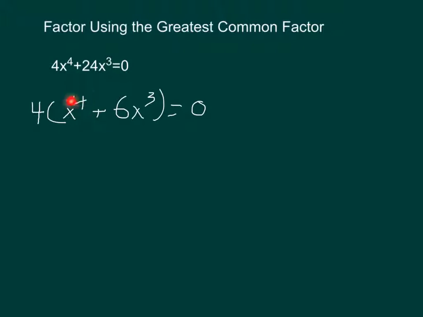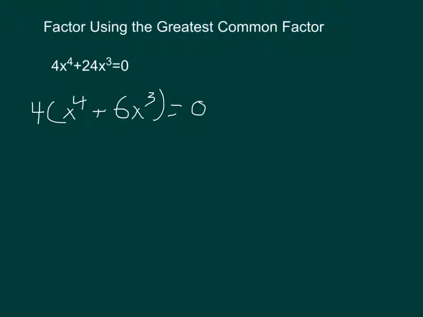Now I look at my terms within the polynomial and I say, what do the variables have in common? I'm basically looking for the smallest degree of the variable, because my first term contains 4 x's all multiplying. My second term contains 3. So if I look for the smallest number, I'll know that each of them also contain 3 x's.